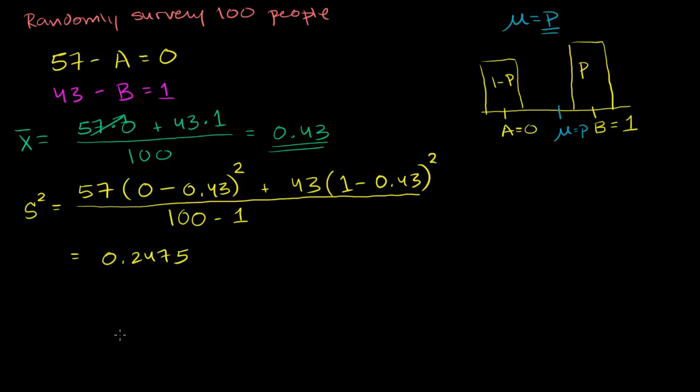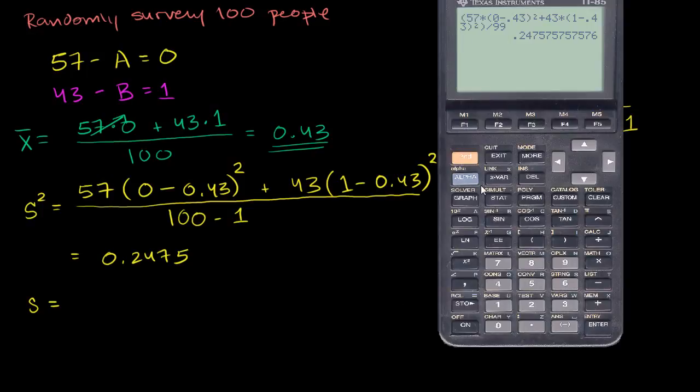So my sample variance is equal to 0.2475. And if I want to figure out my sample standard deviation, I just take the square root of my sample variance. So I take the square root of that value, which is 0.497. Let me just round that up as 0.50.